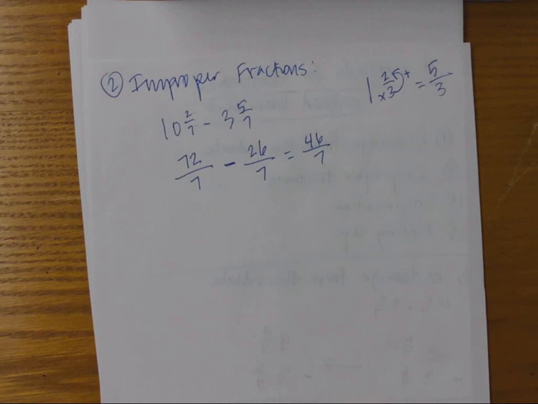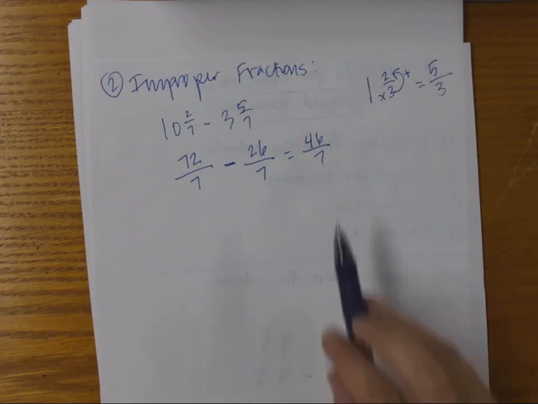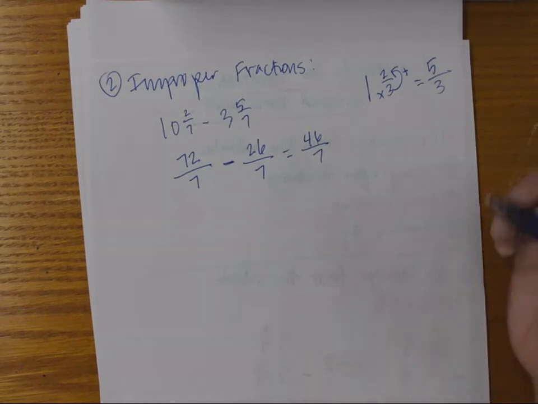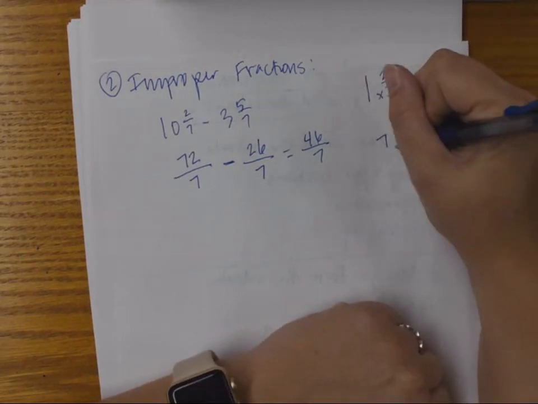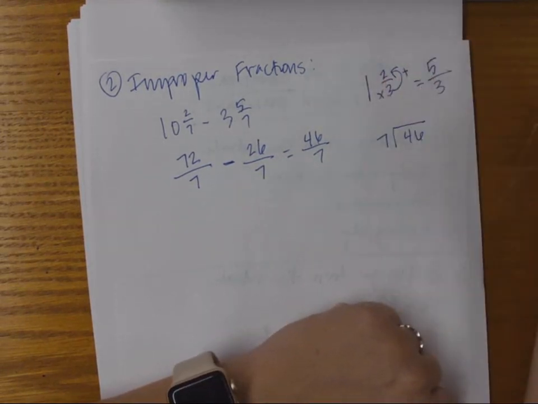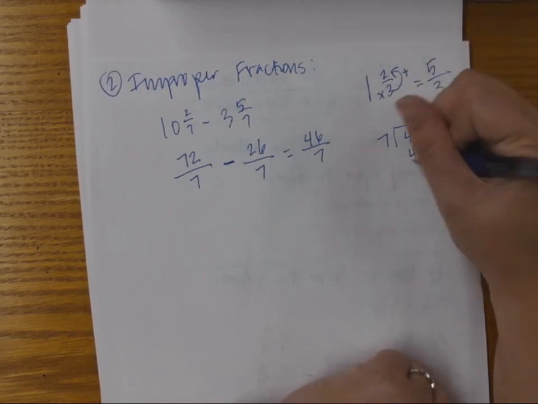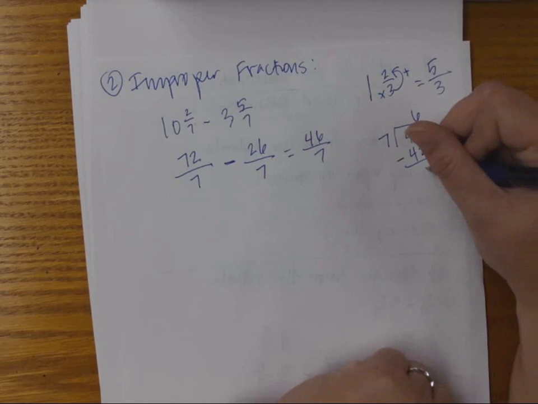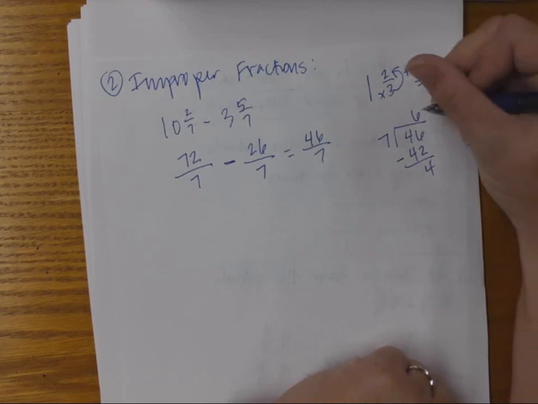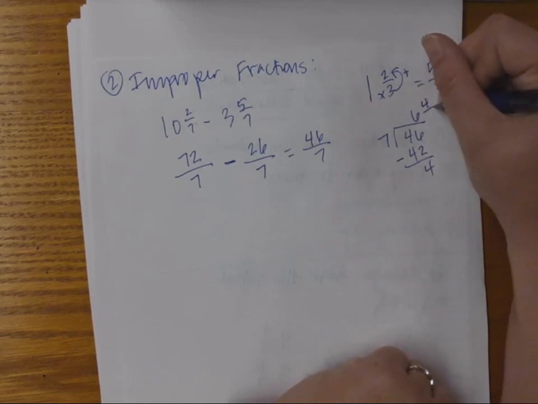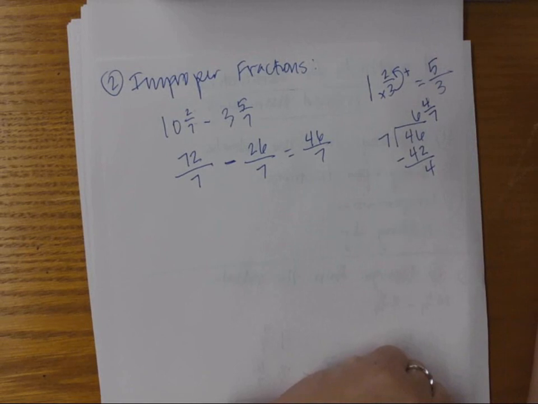So that could be an answer, or if you want your answer as a mixed number, just a reminder how we go from an improper fraction back into a mixed number. I divide it. So I think, 7 goes into 46 how many times? Well, 7 times 6 is 42. And when I subtract it, 46 minus 42 is 4 pieces left over. So 6 and 4/7.